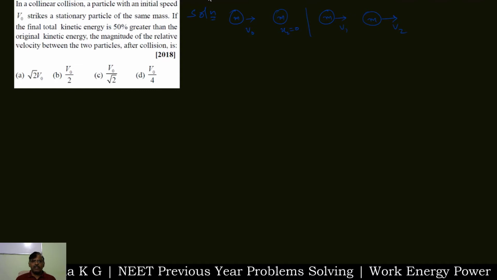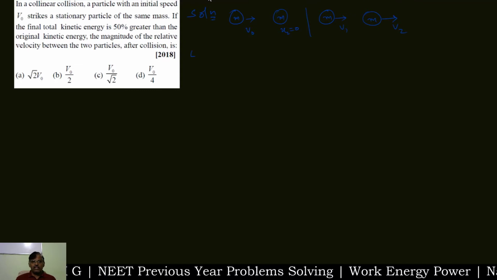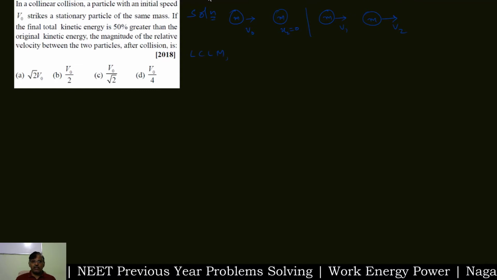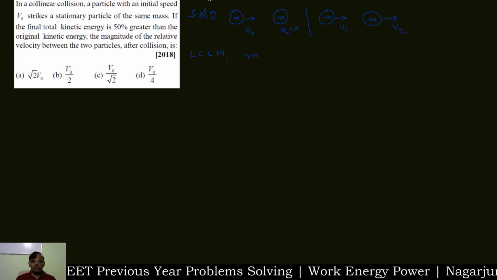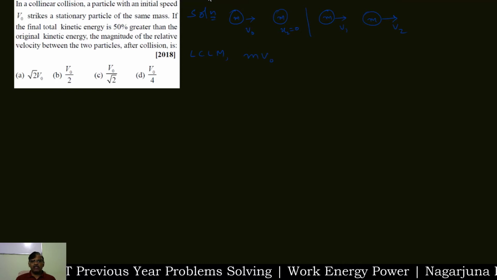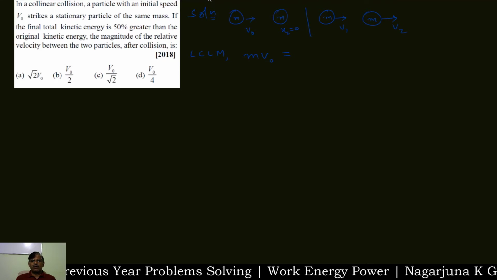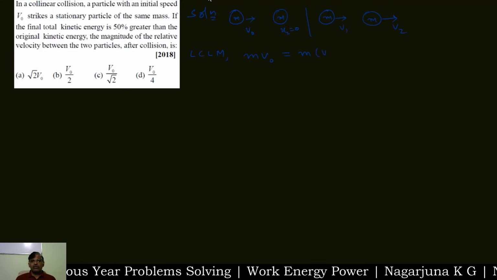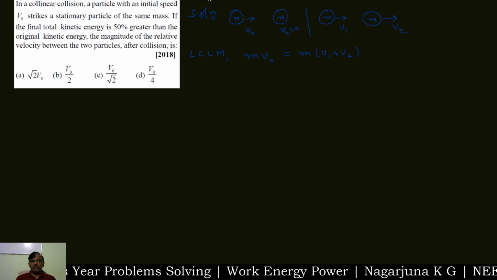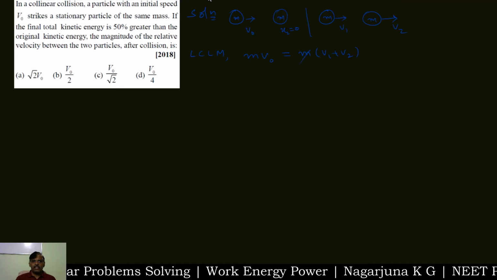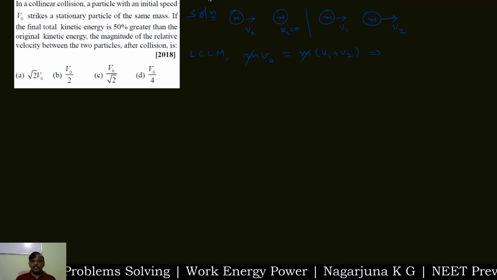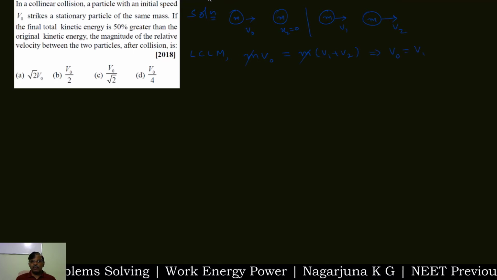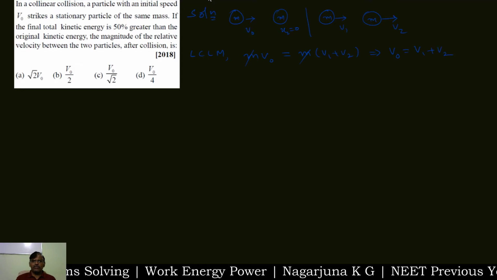Let us assume that. According to law of conservation of linear momentum, we can write m1 u1, so that is m v0, second term 0, is equal to m into (v1 plus v2). So both sides m cancel. So that implies v0 is equal to v1 plus v2.